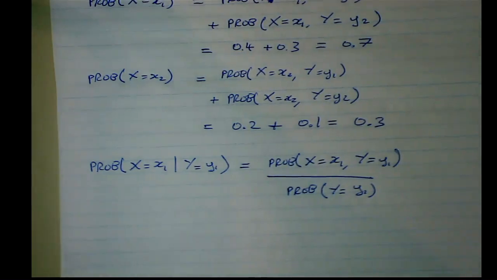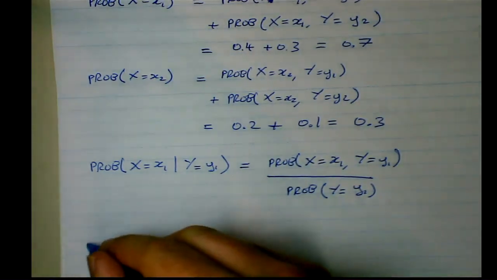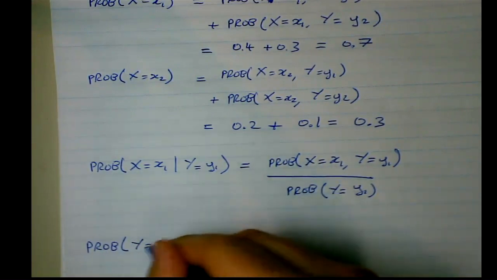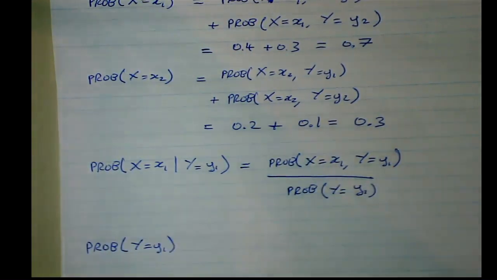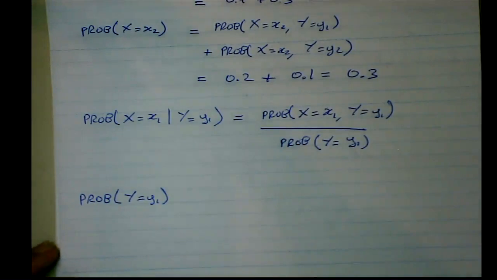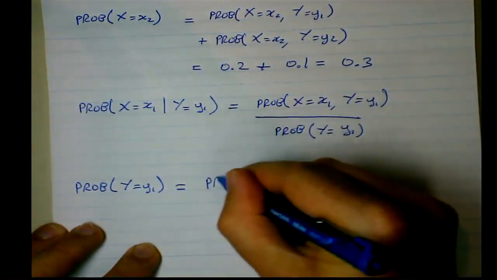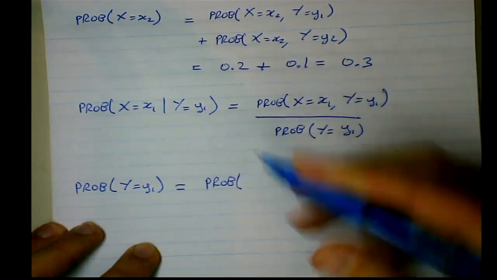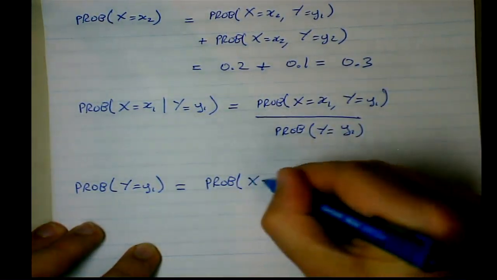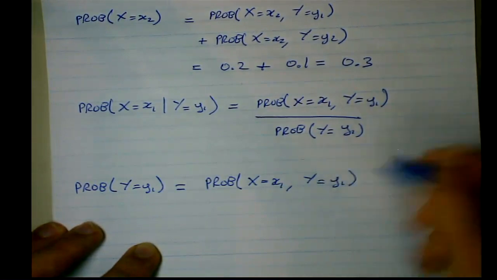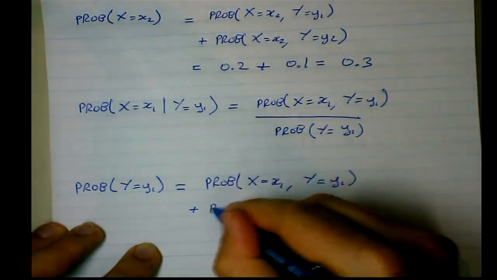We didn't work out the probability that y was equal to y1, which is the denominator. So how do we do that? We do exactly what we did with the x's. We sum over all ways in which y can be equal to y1. Well, x could be x1, and x could be x2.